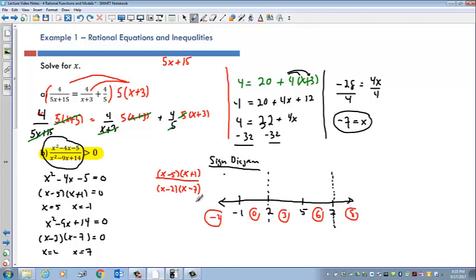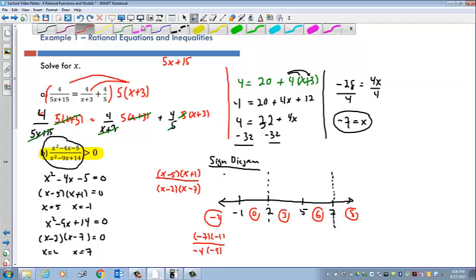So when you plug in negative 2 here, you're going to get negative 7 on top times a negative 1, because negative 2 plus 1 is negative 1. And then you plug negative 2 into the bottom, and that's going to give you negative 4 times a negative 9. Now I don't really care about the numerical value. What I really care about is the sign. And a negative by a negative is positive, and positive by a positive is a positive.